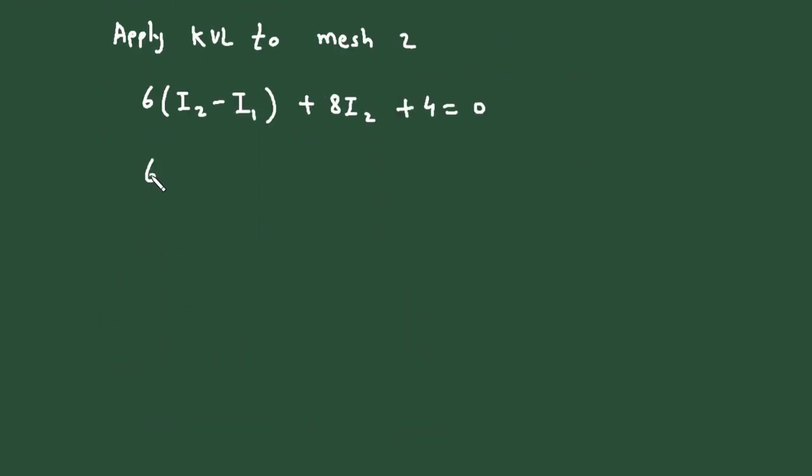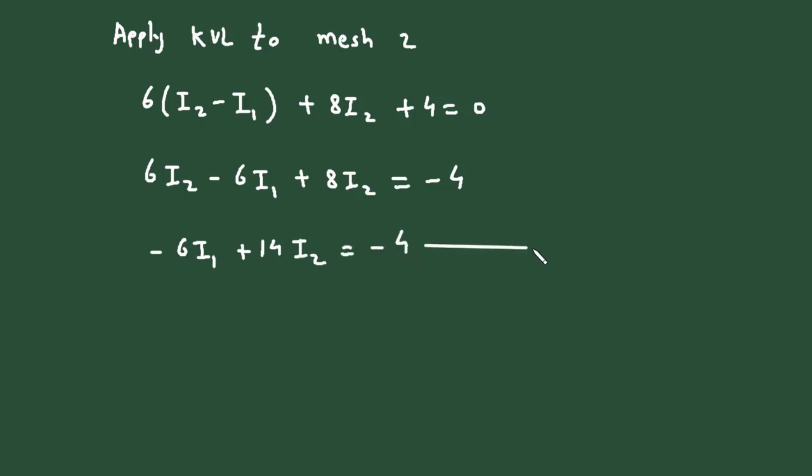So this will be 6 I2 minus 6 I1 plus 8 I2, and we can write is equal to minus 4. Now let's write I1 terms first. So it will be minus 6 I1, and this will be 6 plus 8, so plus 14 I2 is equal to minus 4. Let's say this is equation number 2.